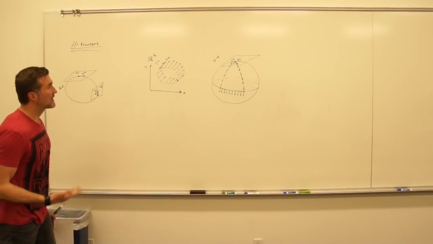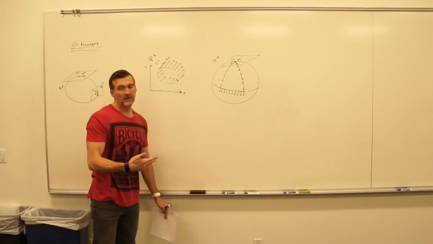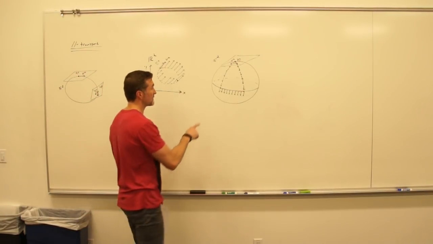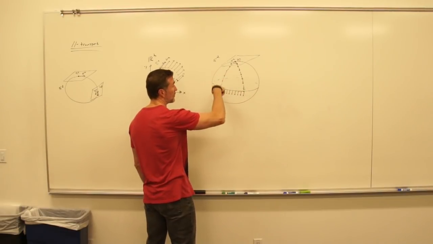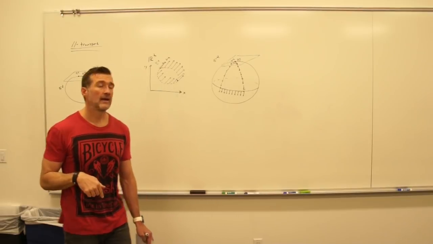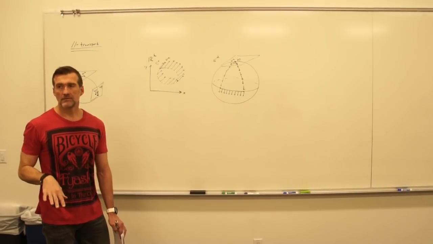Now, lots of qualifying statements come with this. S2 is curved, but you can certainly choose closed paths which do not change the vector. For example, if I start here and I go all the way around the equator, the vector will come back to itself unchanged. Okay? So that's not to say any closed path will change the orientation of the vector.